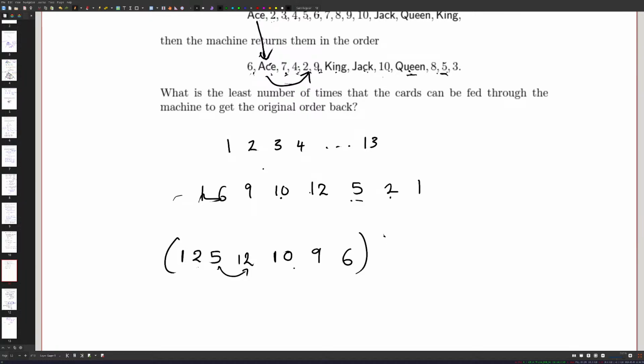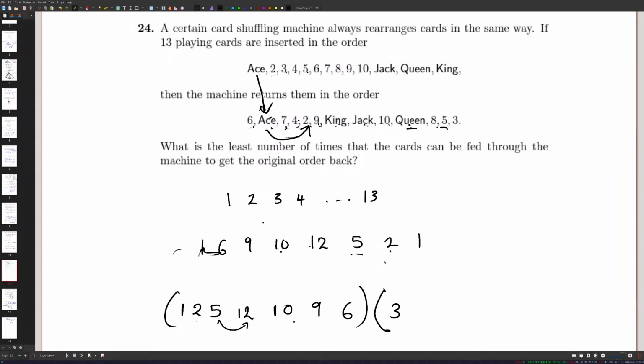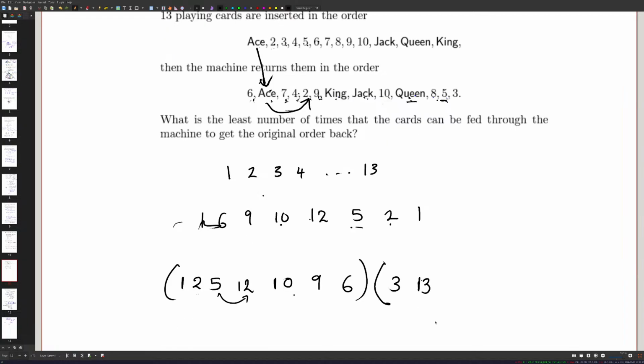So, okay, the card that was in position 3 goes to position 13, obviously. It's right at the end. And the card that was in position 13 goes to position 7. And the card that was in position 7 goes to position 3.